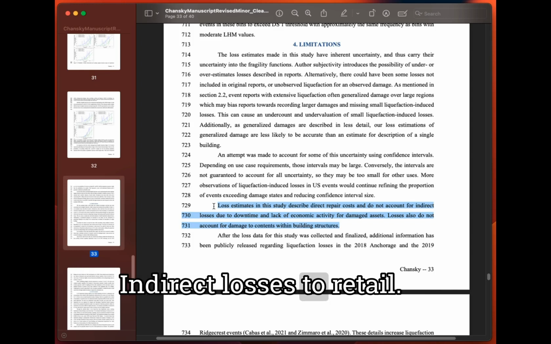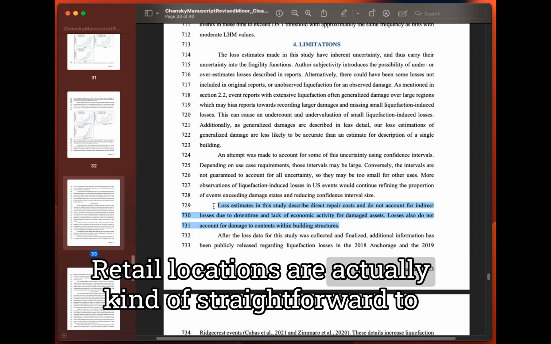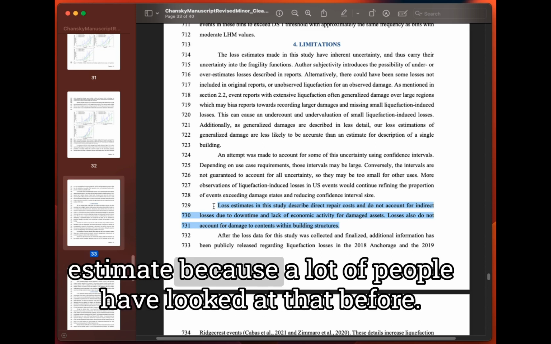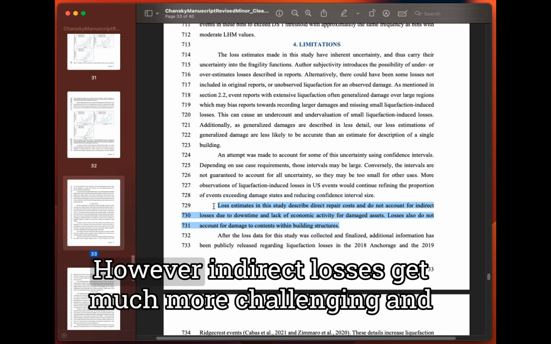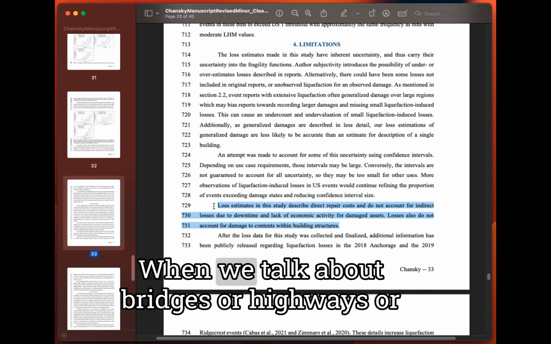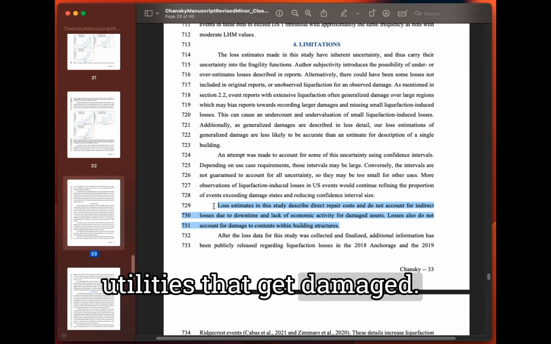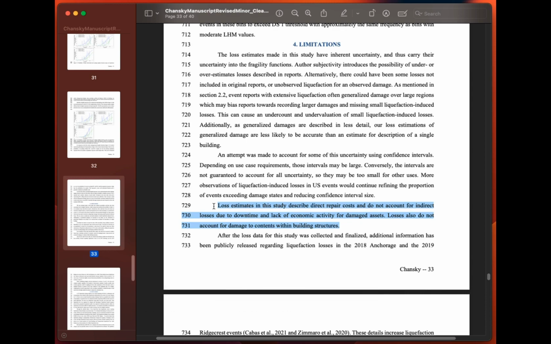Indirect losses to retail locations are actually kind of straightforward to estimate because a lot of people have looked at that before. So a lot of that information is publicly available. However, indirect losses get much more challenging and have a lot more uncertainty when we talk about bridges or highways or utilities that get damaged, so we chose not to include them here.